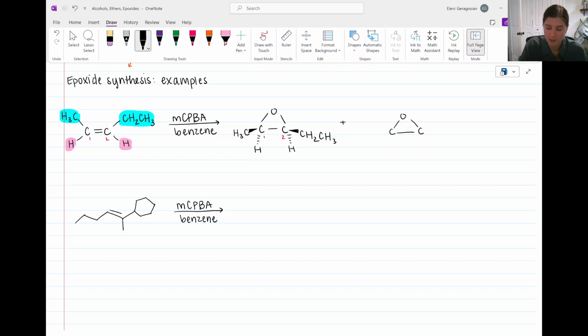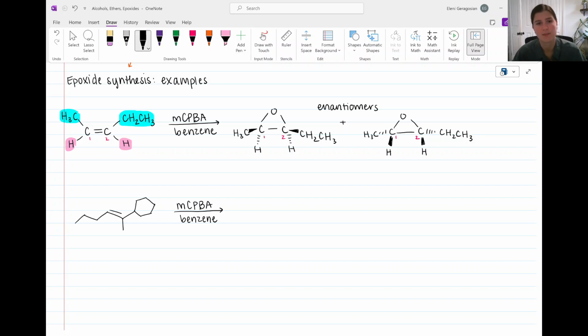So for the carbon on the right, we now have a dash bond to the CH2, CH3, and a wedge bond to the hydrogen. We have a dash bond on carbon 1 to the methyl, and a wedge bond to the hydrogen. These are enantiomers, both products form, and these are the final products for this reaction.